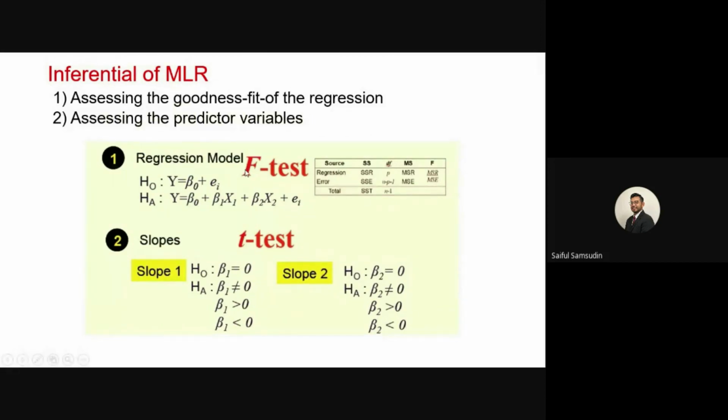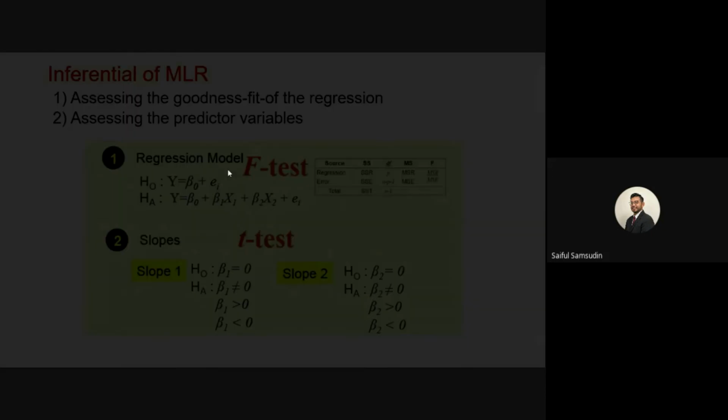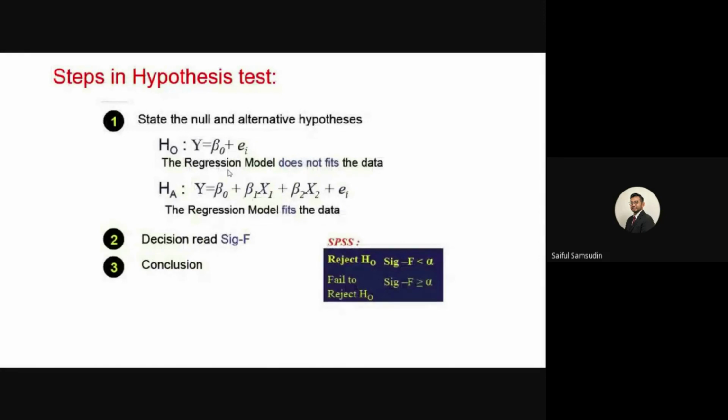If we get the regression model, we have the F test, or the slope in the T test. So it is all about the hypothesis, all right? Which means we state the null and alternative hypothesis. Okay, this is the basis of the statistical model.